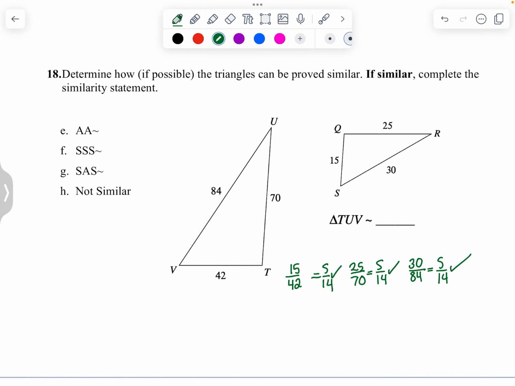Turns out all of our sides are proportional, so we have another side, side, side similarity.